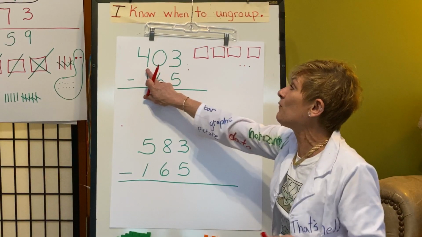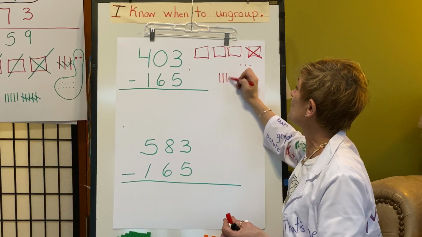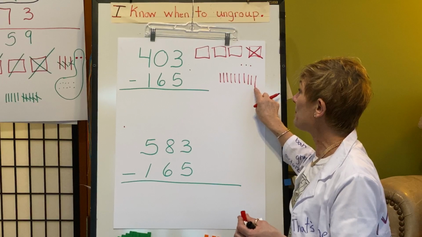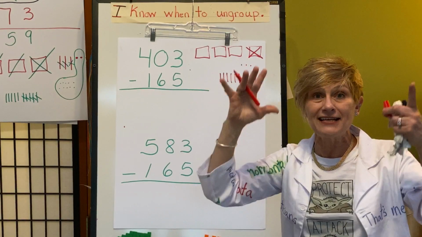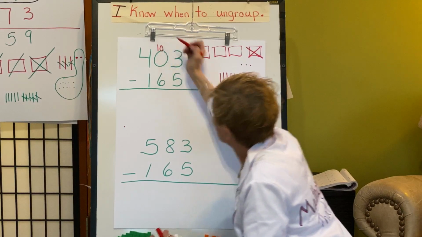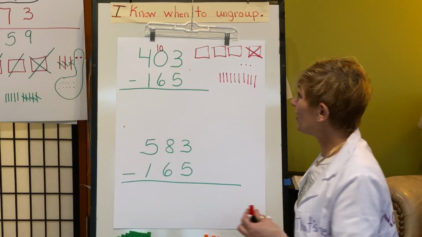So I'm going to take one of those 100s and go 10, 20, 30, 40, 50, 60, 70, 80, 90, 100. I'm going to bring all those 10 tens over. Yes. All of them over.